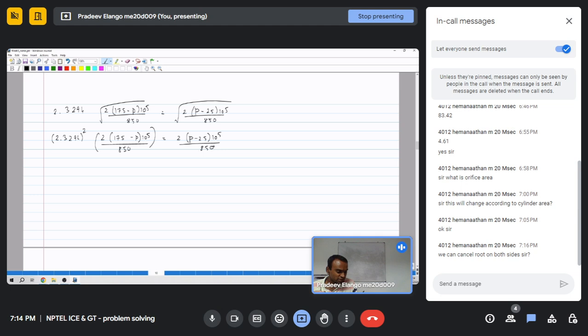Now I can cancel 850 and 10 power 5 and 2 also. We will be left with only this term. So 2.3294 square is 5.426, into (175 minus P) is equal to P minus 25.